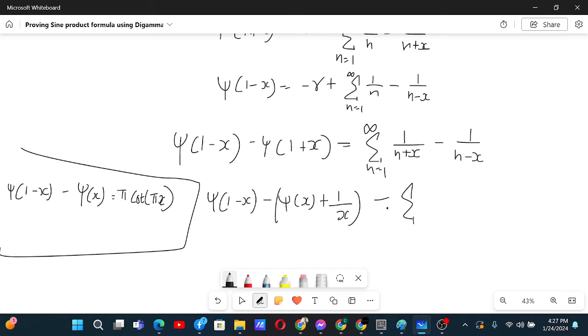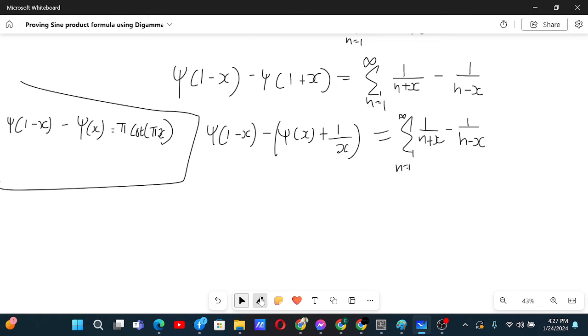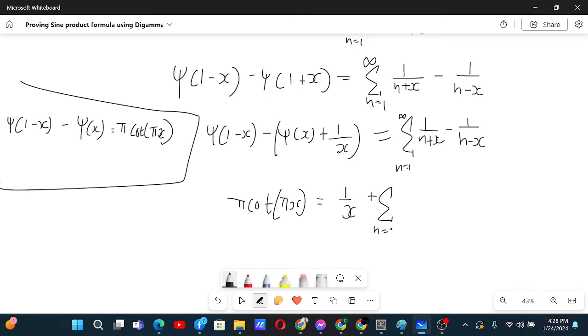Minus sum equals sum from n equals 1 to infinity of 1 by n plus x minus 1 by n minus x. Now we have digamma of 1 minus x minus digamma of x, that is pi cot pi x, and we have minus 1 by x, which you can take to the other side, and that will be plus 1 by x plus sum from n equals 1 to infinity of 1 by n plus x minus 1 by n minus x.